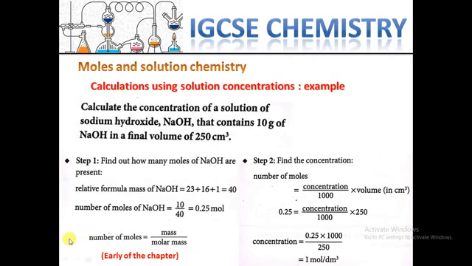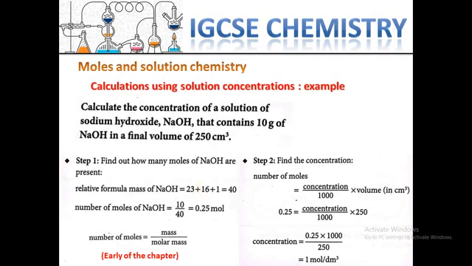First, we can calculate the relative formula mass from the periodic table. Sodium has 23 molar mass, and oxygen 16 from the periodic table, and 1 from hydrogen. The total is 40.